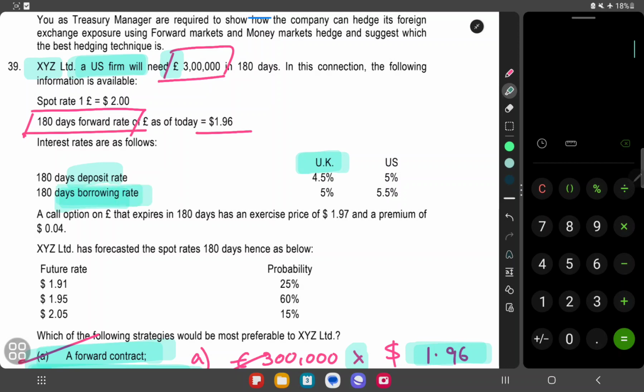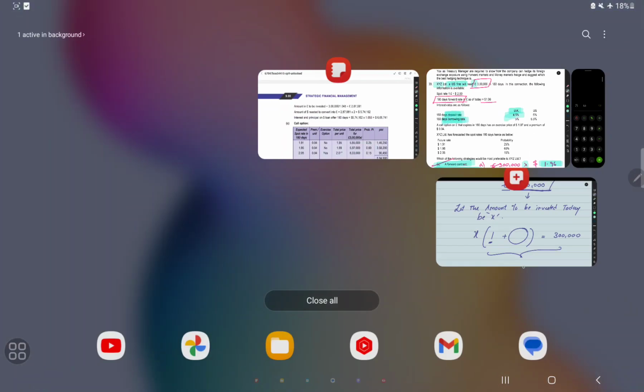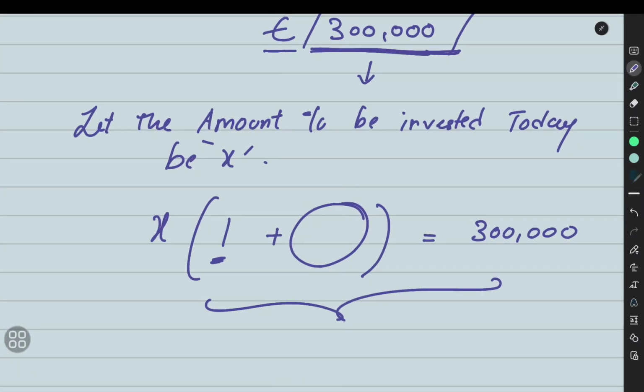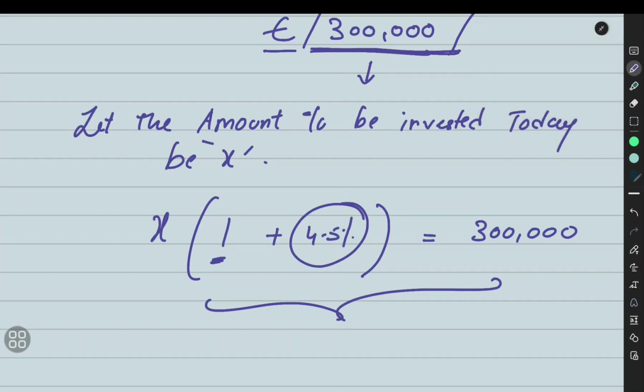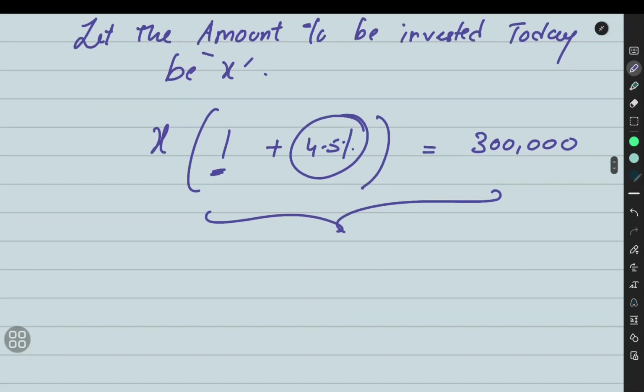Borrowing, because I think I said the reverse thing. Deposit is the deposit rate is of use to us because we are investing, right? So 4.5. Excuse the error, please. 4.5% directly we take, because this is not per annum. They've directly given us for 180 days.